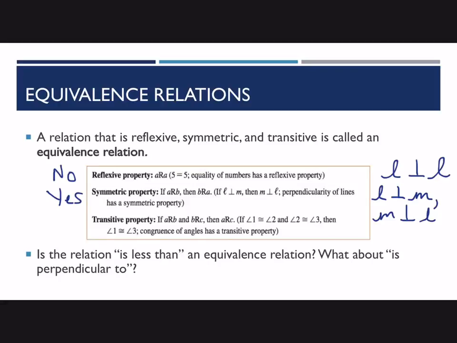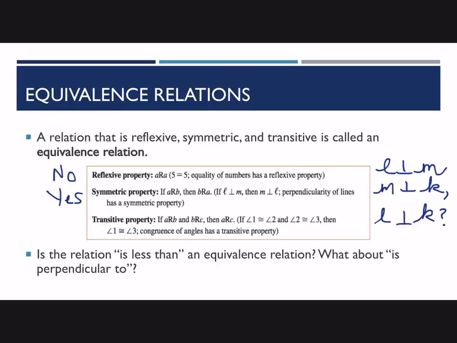And then how about transitive? If L is perpendicular to M, and M is perpendicular to K, does that mean that L is perpendicular to K? Let's make a little diagram and see if we think this is true.